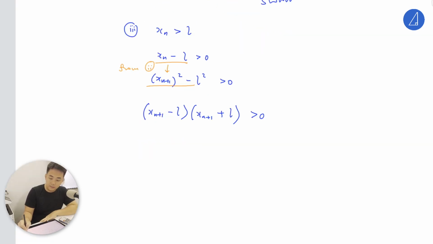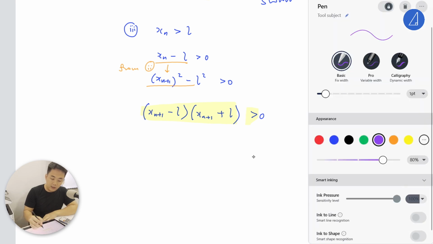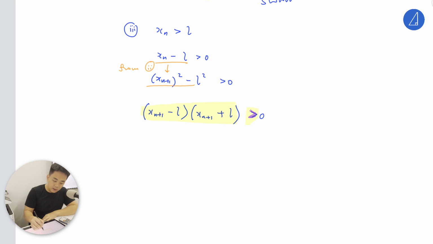This one tells you what? That this entire thing is positive. Alright? I don't care what you do. This tells you these two factors, when I multiply them, this entire thing is confirmed positive. First thing.